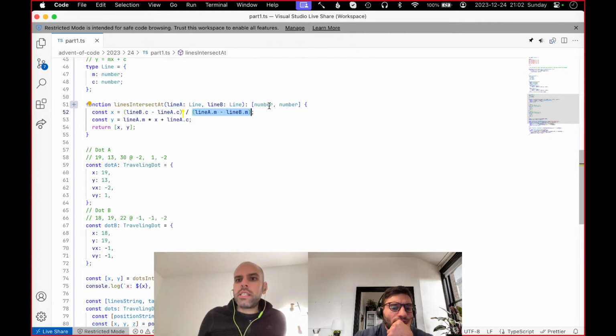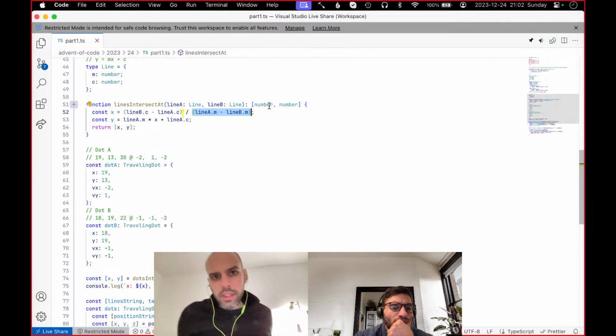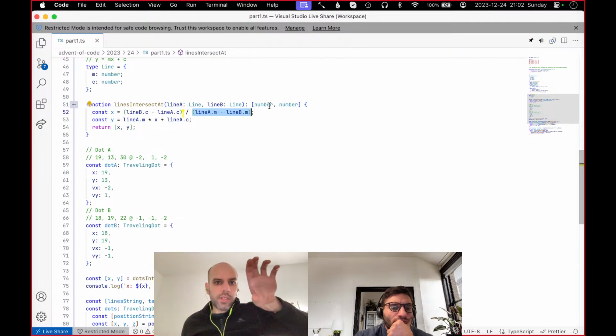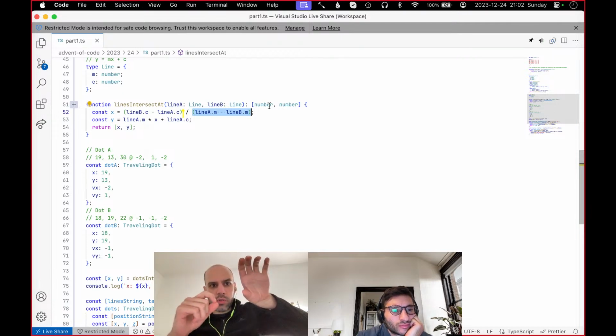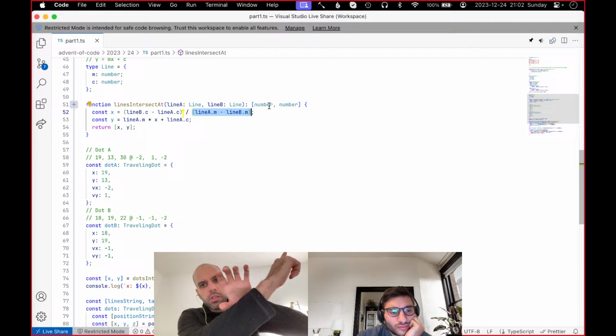I suppose that this is easy enough. Think about it this way. Here is our region of interest, and here is our hailstone, and here is our direction. If we are to the left or below our region of interest and our velocity is positive, it means that we are going to cross it at some point.